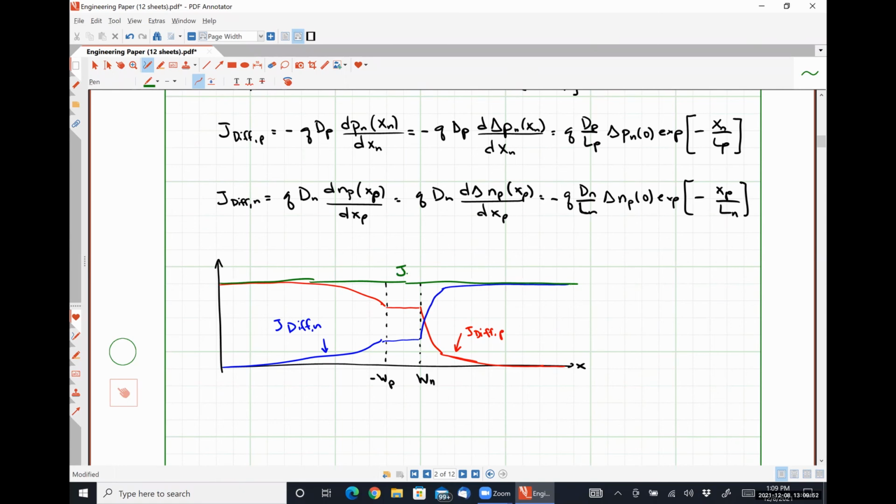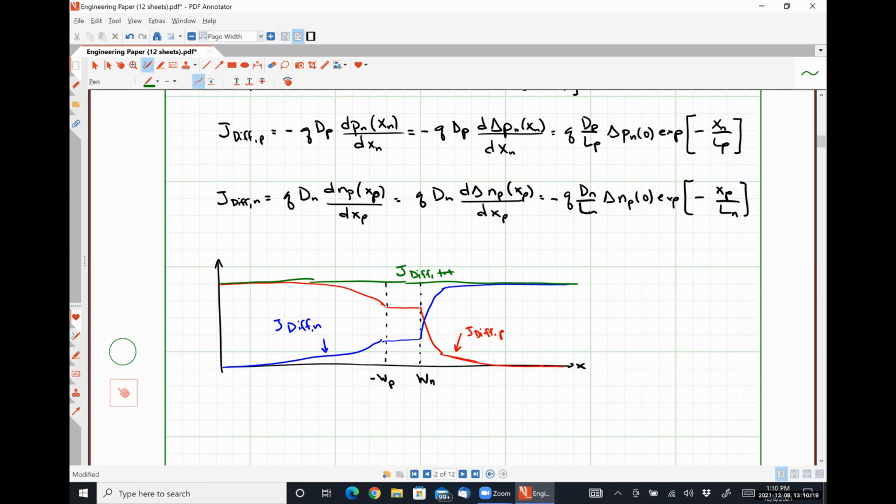So this green guy is the total on top. Okay. So while the current density for holes and the current density for electrons does change as a function of position, the overall current density is maintained throughout our position in the crystal.